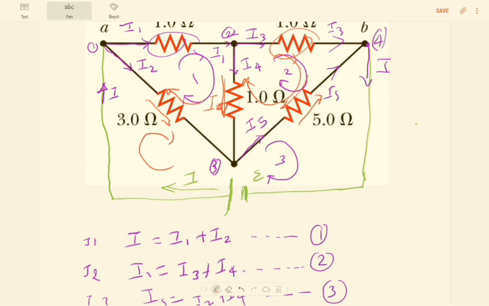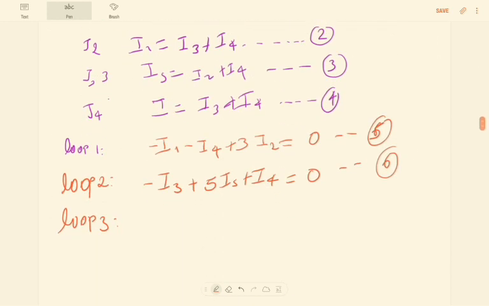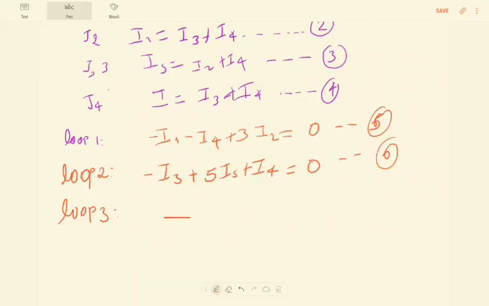We also have a negative potential drop at 5 ohms, and the direction of the polarity and the direction of the loop are the same, so the potential is taken as positive. Combining these, you will get epsilon minus 3I2 minus 5I5, and of course this should be 0.